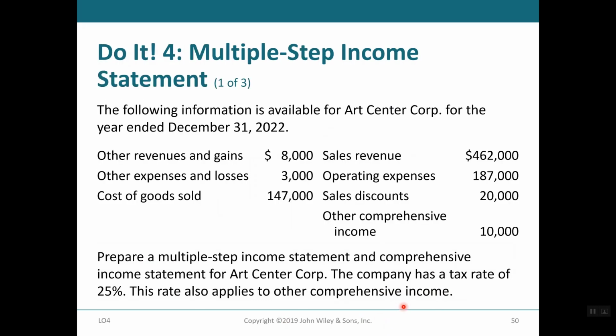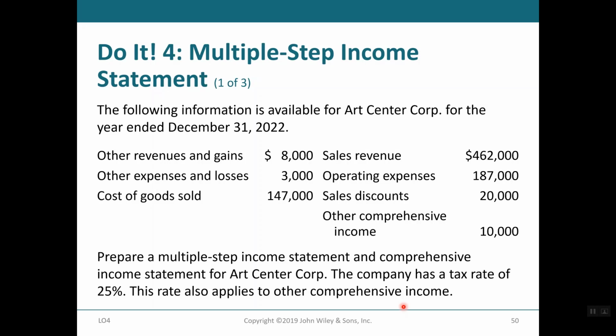All right, so this is an example to do. The following information is available for Art Center Corps for the year ended December 31st, 2022. Other revenues and gains, 8,000. Other expenses and losses, 3,000. We explained what all of those mean. Cost of goods sold, 147,000. Sales revenue, 462,000. Operating expenses, 187,000.